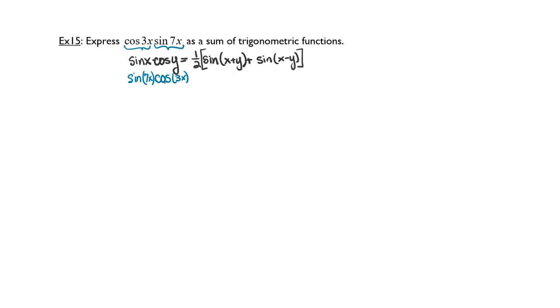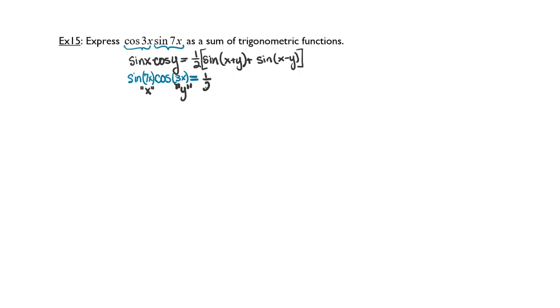I can do this because multiplication is commutative, meaning it doesn't matter what order you multiply in, you still get the same thing out. If I wanted to make note of this, I could just write this and remind myself that the 7x is like the x in the formula, and the 3x is like the y in the formula.